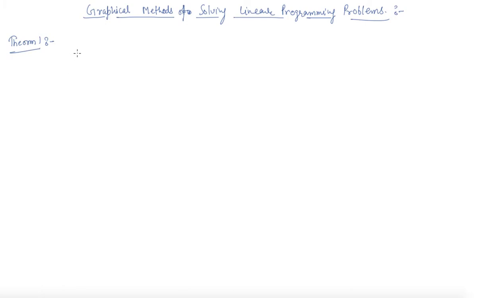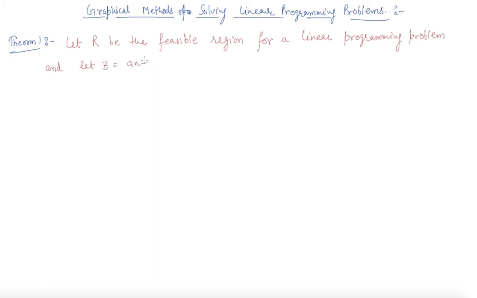Let R be the feasible region for a linear programming problem, and let z equals ax plus by be the objective function.